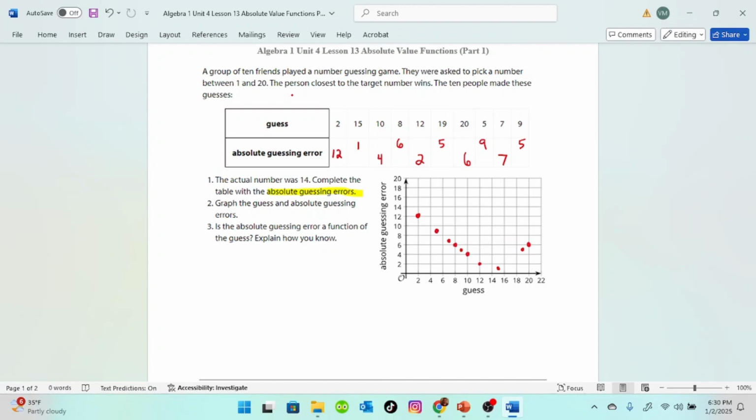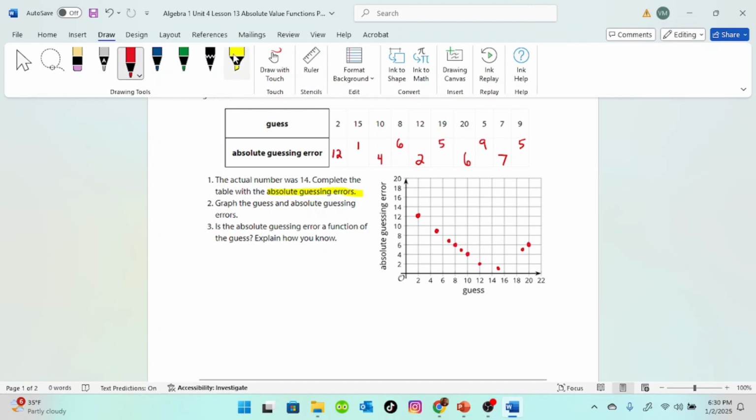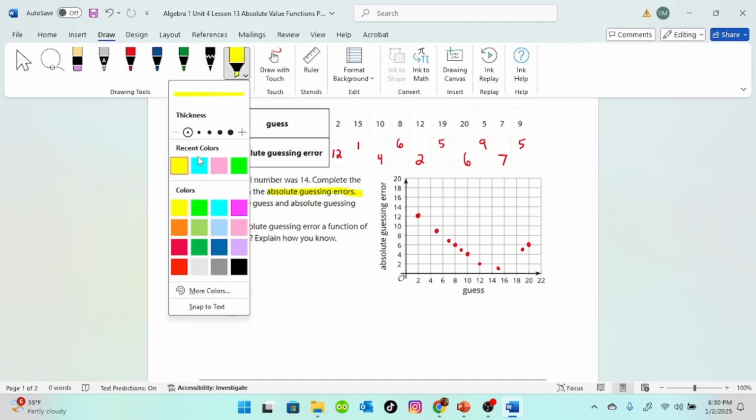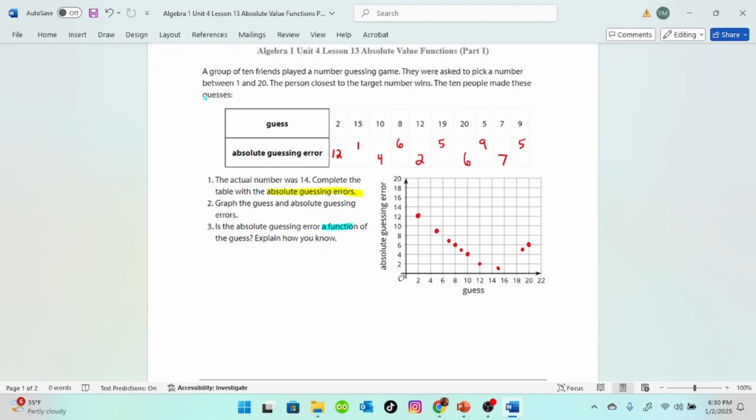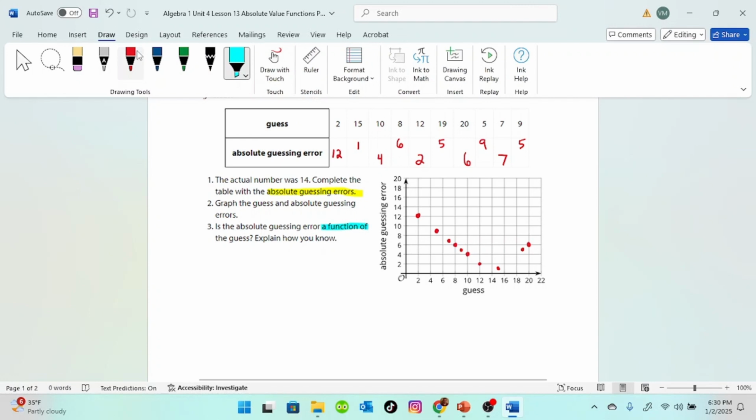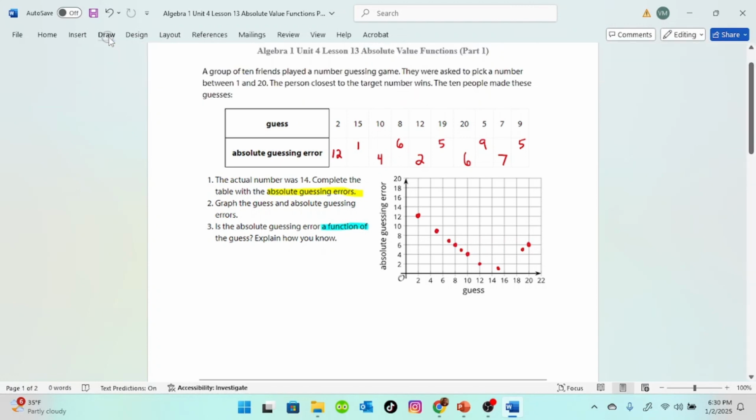Number 3 asks, is the absolute guessing error a function of the guess? There's my magic words again. A function of. That means whatever comes before those words is my output.